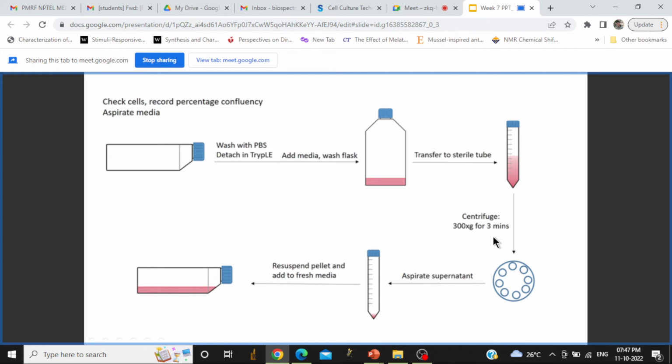We get the cell pellet, the media is removed, and the pellet is resuspended in fresh media that does not contain any trypsin, and transferred to the other flasks for growth. This is the actual protocol when you passage or split cells.